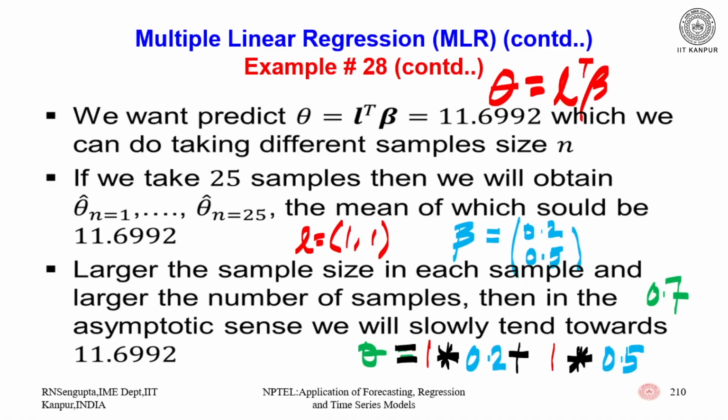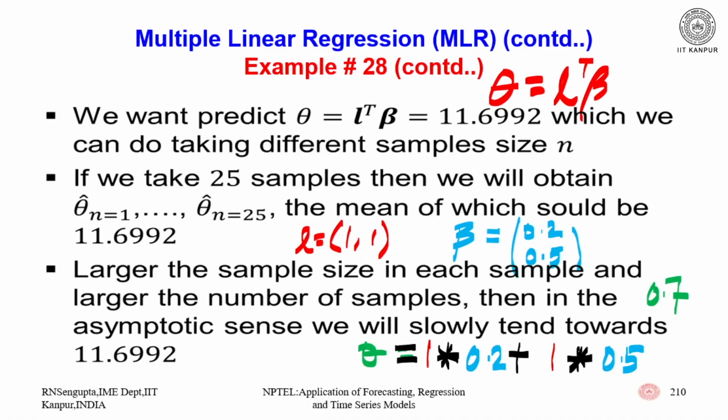The more chunks I take, I find the beta values, that means beta naught till the last beta, and I keep repeating it and find the averages. The average will turn out to be the actual population values of beta. Based on that, the theta value is calculated, which is L transpose into beta. That value comes out to be 11.6992.